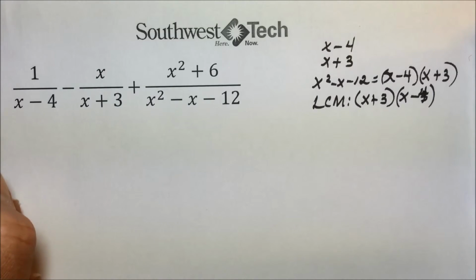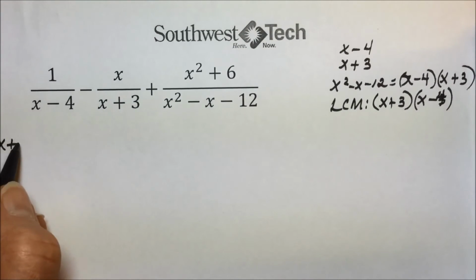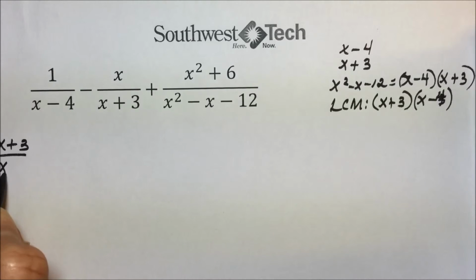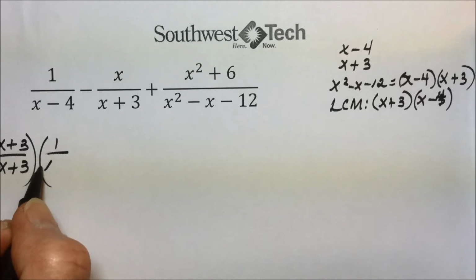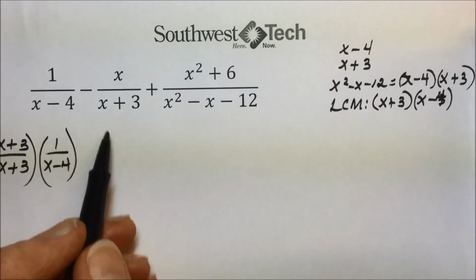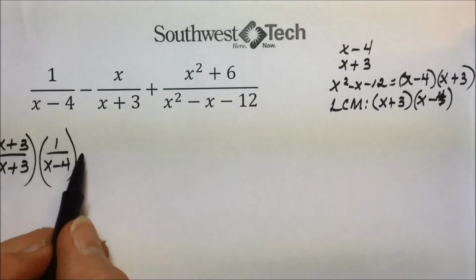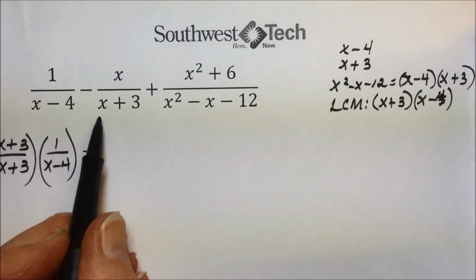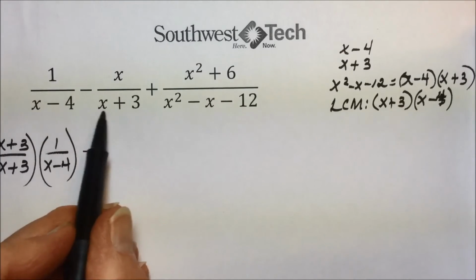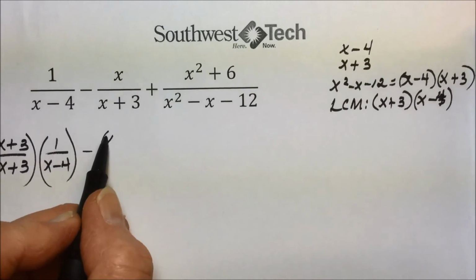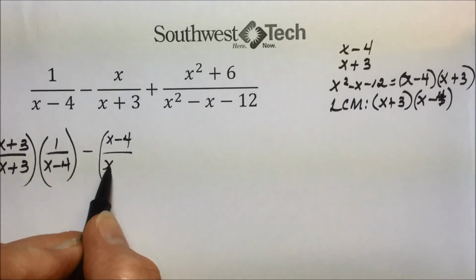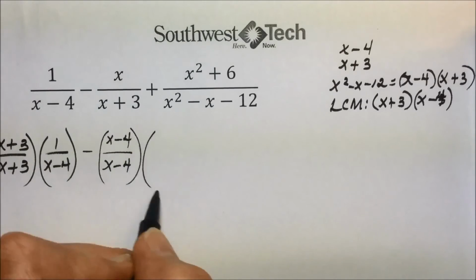So we will multiply the numerator by x plus 3 and the denominator by x plus 3. The second fraction needs the x minus 4 because it already has the x plus 3. So we will multiply the numerator by x minus 4 and the denominator by x minus 4.